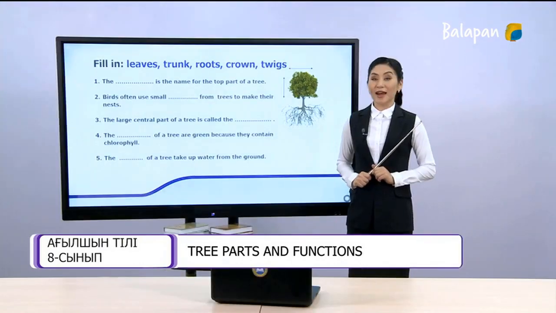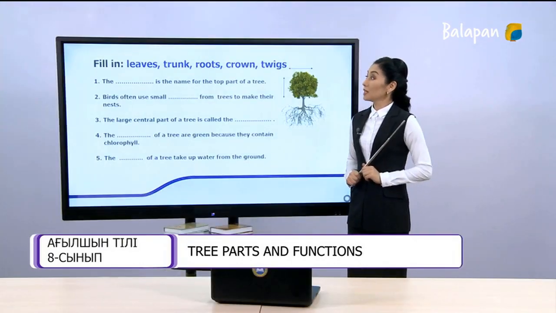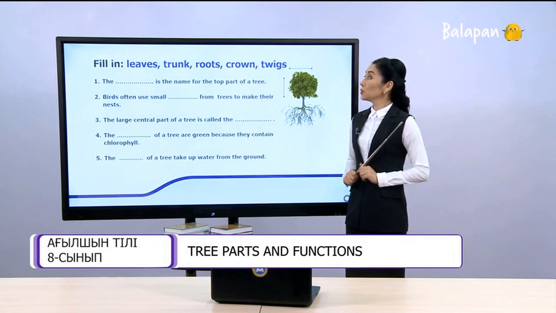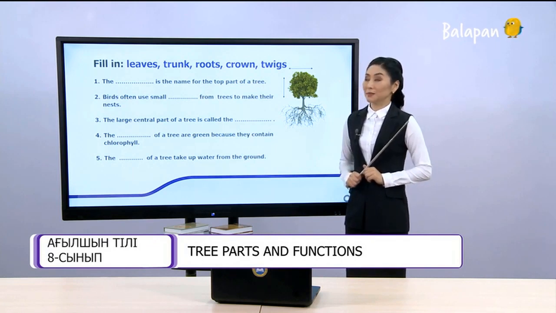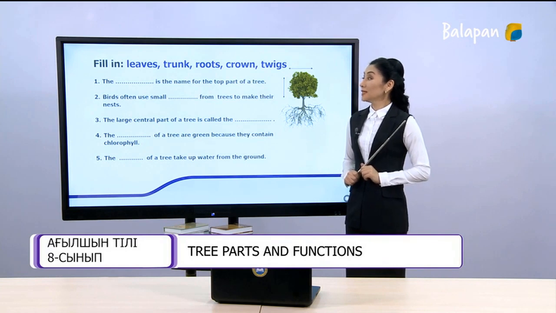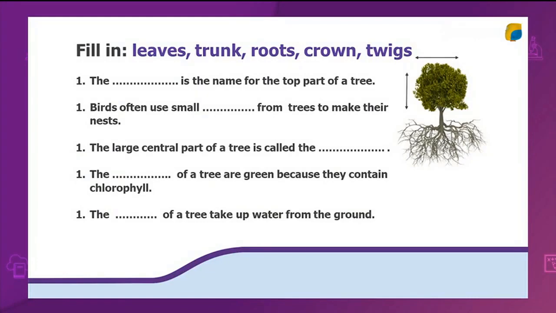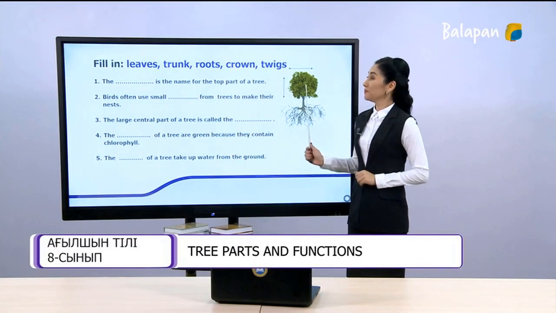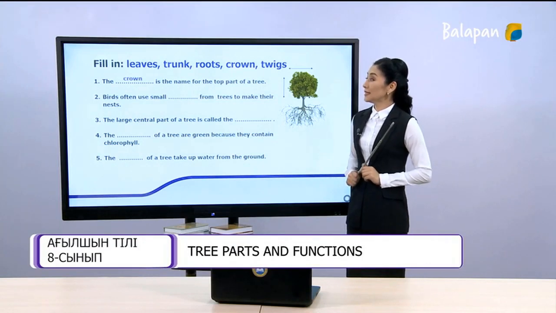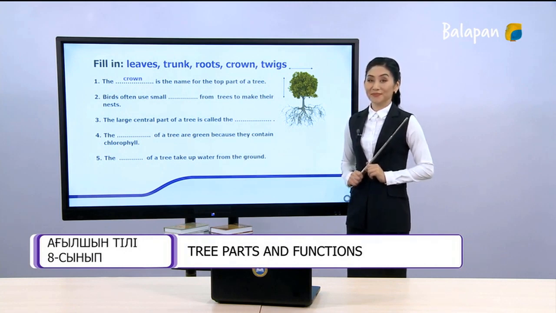Let's continue practicing. Fill in leaves, trunk, roots, crown or twigs. Please read the sentence number 1 and fill in. Let's check it together. The crown is the name for the top part of a tree. Number 2.